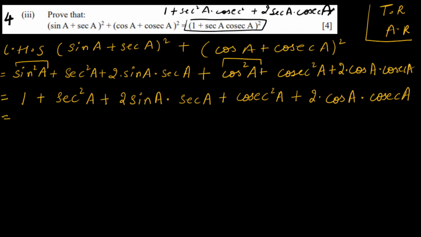So what is the next thing we can do? Can we use any relation? 1 I already got. Now sec² A and cosec² A, I don't need in this form; I need in plus form. I need in multiplicative form. No responses.